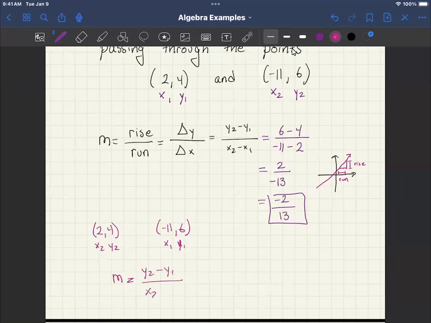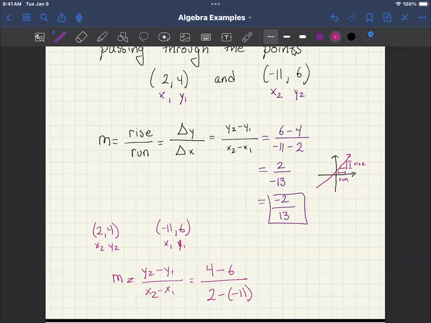Our formula stays the same. Our y2 is 4, and then we are subtracting our y1, which is 6. Our x2 is 2, and then we are subtracting our x1, which is negative 1.